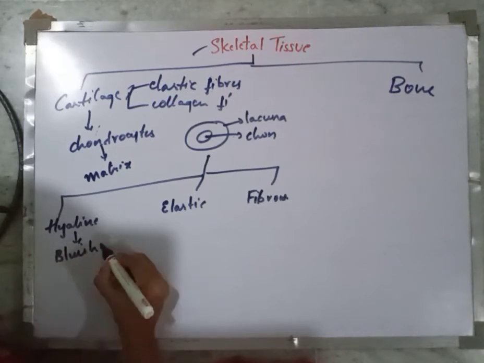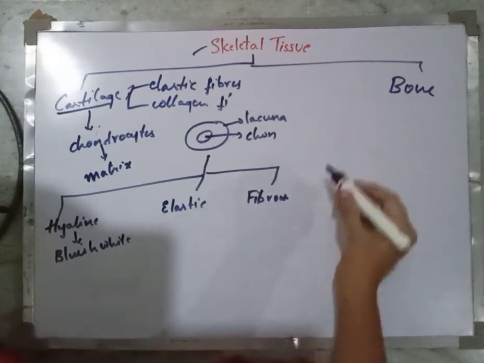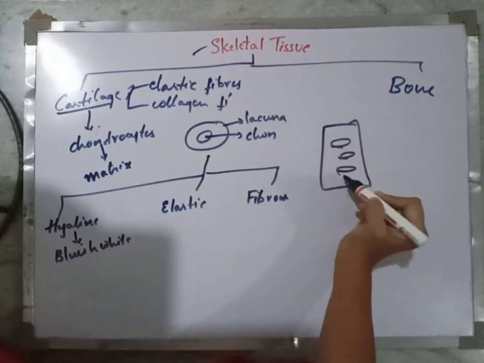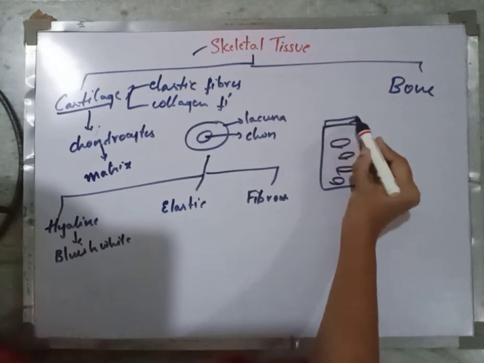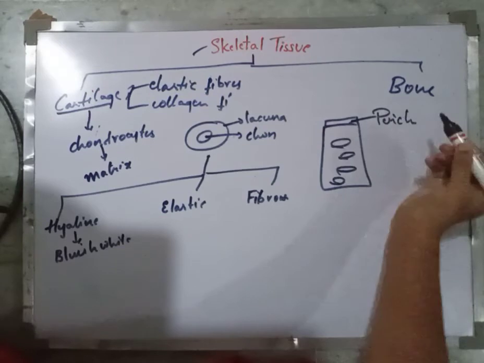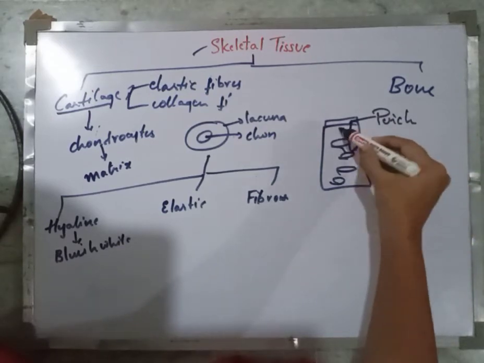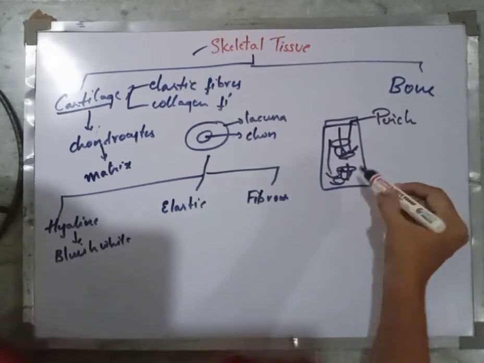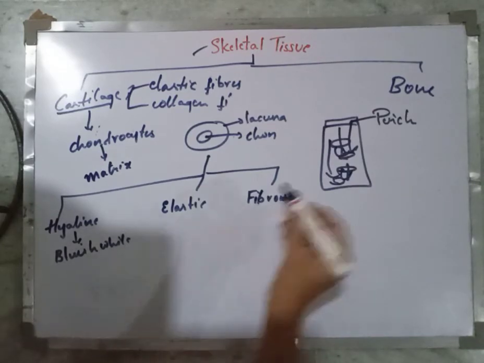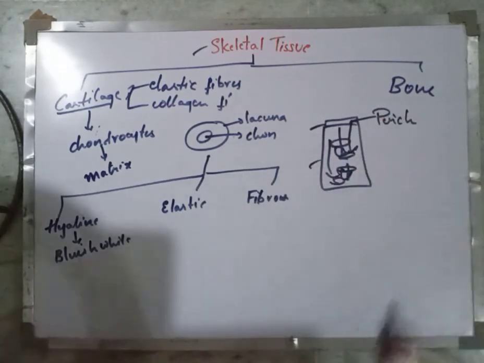If we take the structure of cartilage, it consists of cells called chondrocytes, and the outermost layer of the cartilage is called perichondrium. This perichondrium provides nutrition to the internal cells. So this hyaline cartilage is bluish white in color, and it contains a perichondrium and the chondrocytes.